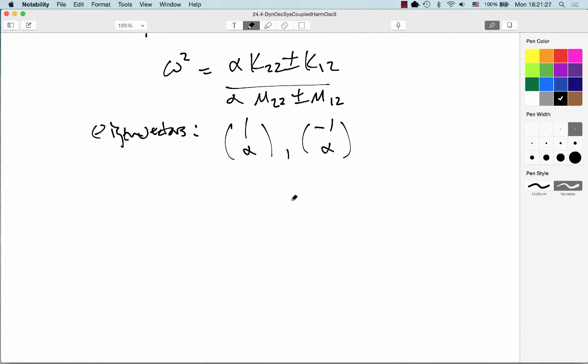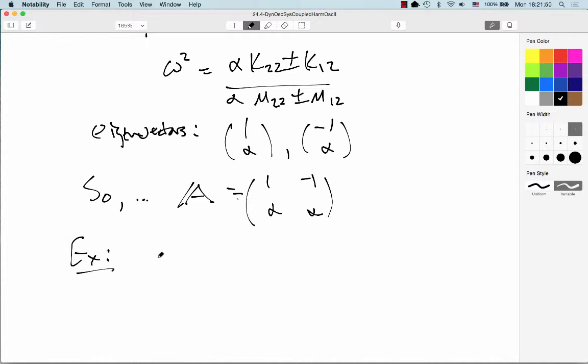So from that we can conclude that our transformation matrix has to be something like 1 over alpha, minus 1 over alpha. So if we go back to what we had before, as an example, we had a k that was k plus k prime, minus k prime, minus k prime, k plus k prime, right?